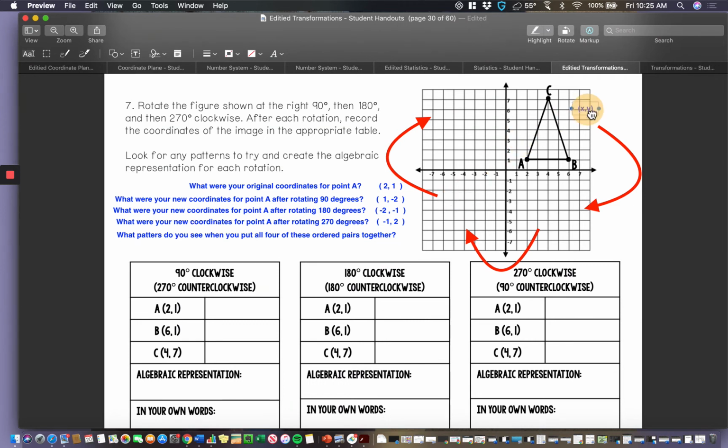In the quadrant below it, x is positive and y is negative. So any ordered pairs down here, you're going to have a positive x and a negative y. All your ordered pairs will be like that.